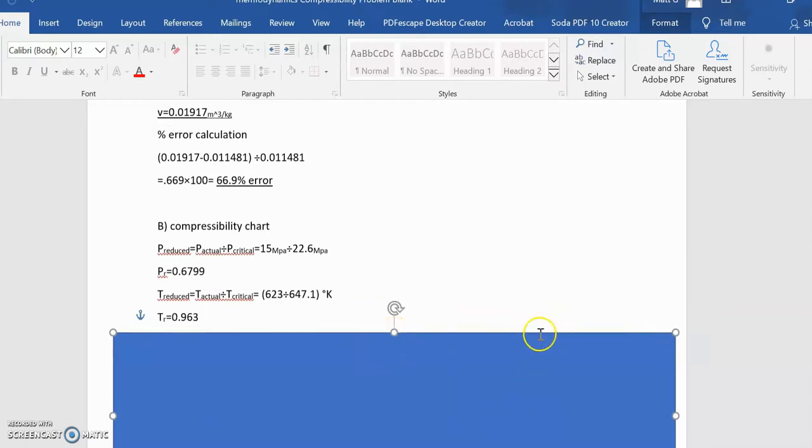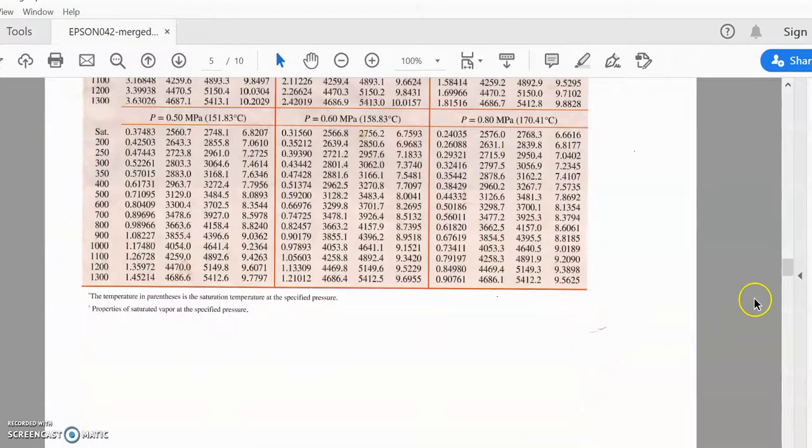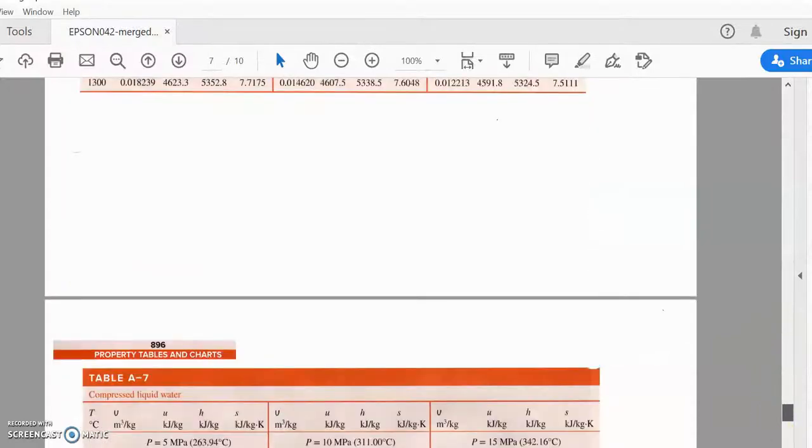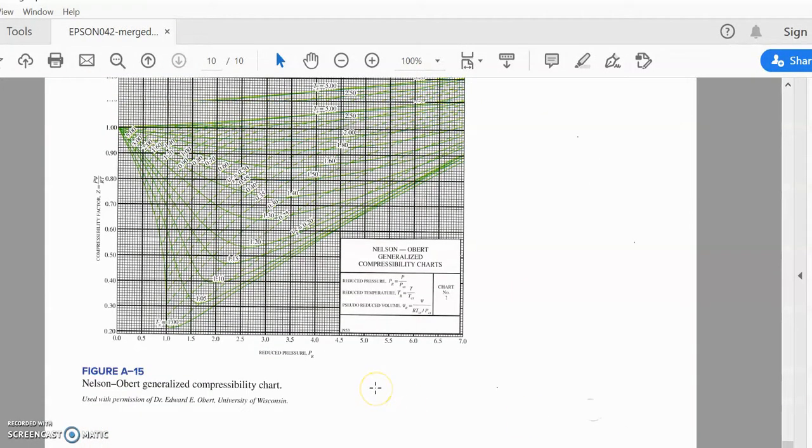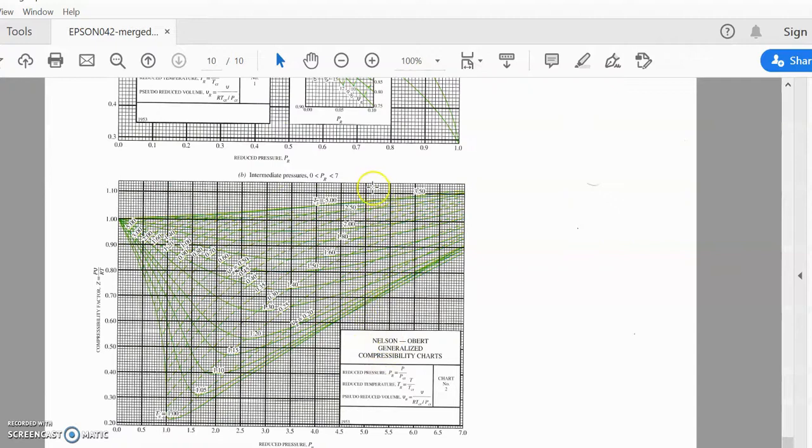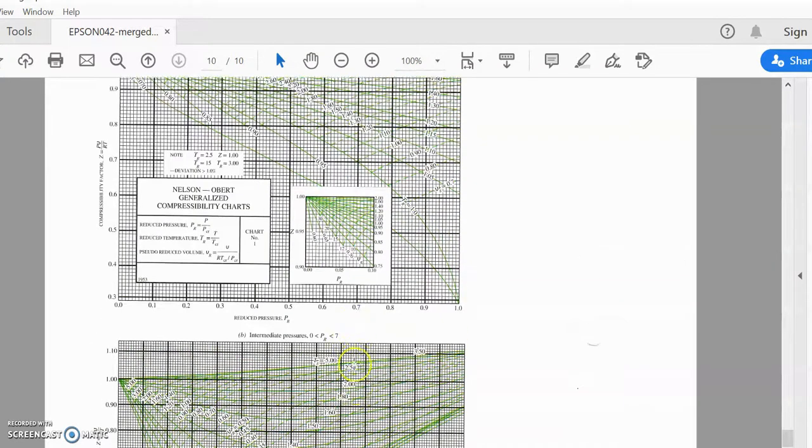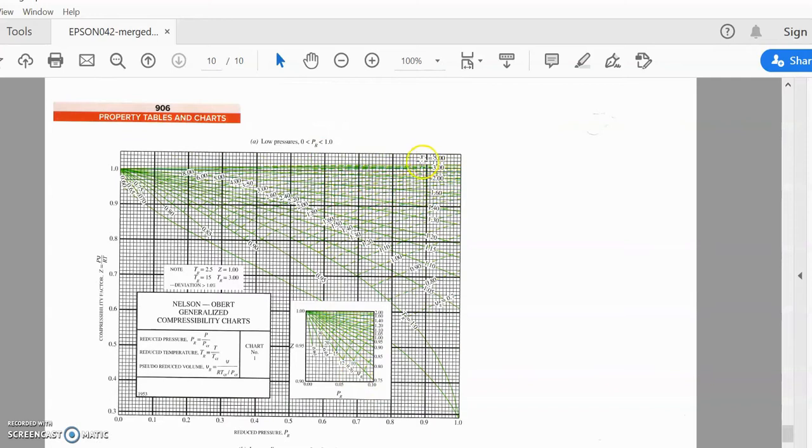So if we go to a generalized compressibility chart, you can see here we have our temperature reduced lines, and we also have our pressure reduced down here. We said our reduced pressure is 0.68, so that's going to be right there.